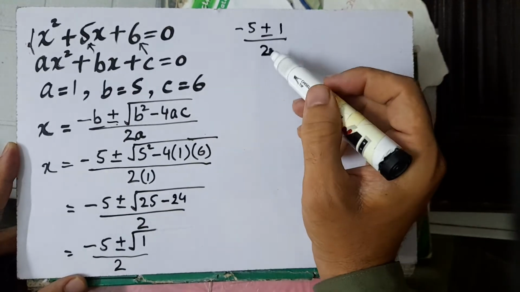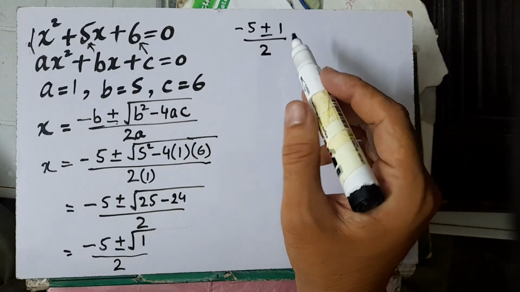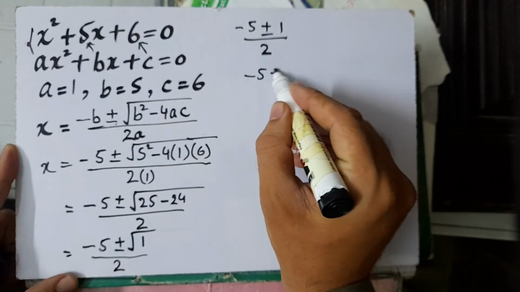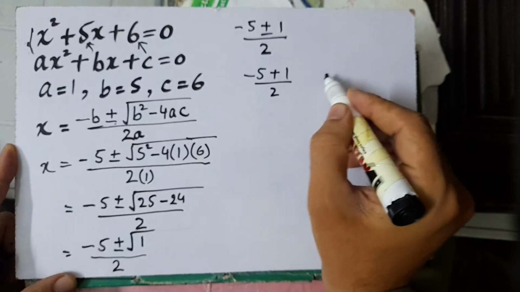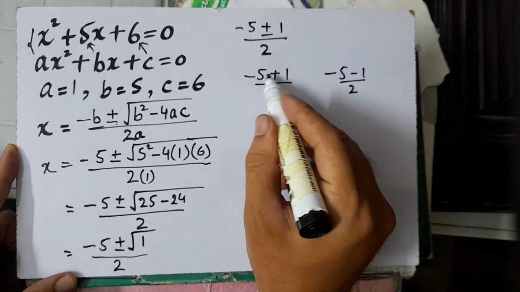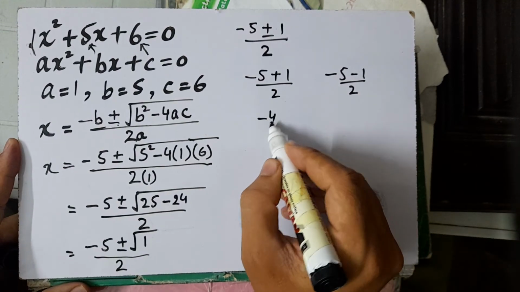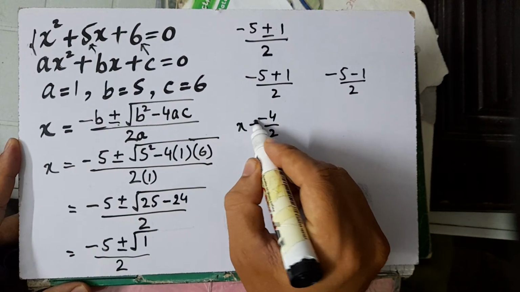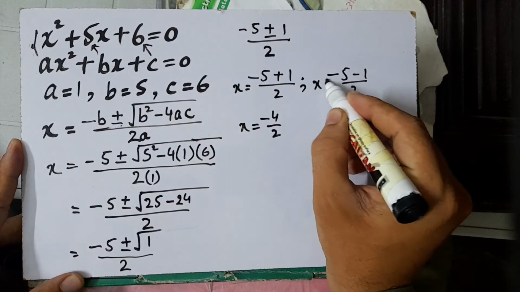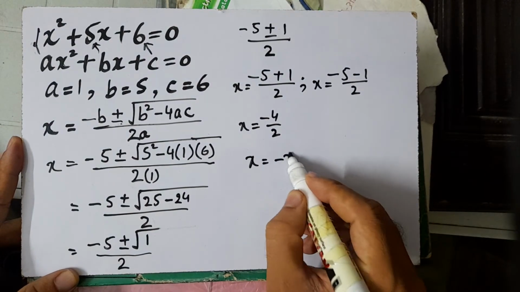Now since this fraction has a plus minus, we can write it once with a positive sign and once with a negative sign, because two solutions are possible. So minus 5 plus 1 divided by 2 is minus 4 divided by 2, and this will give me minus 2.